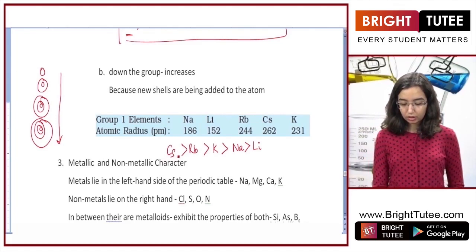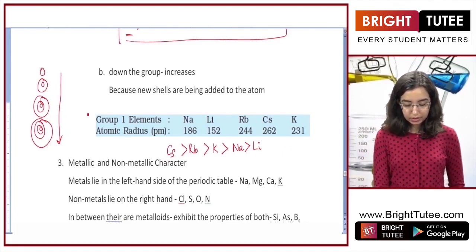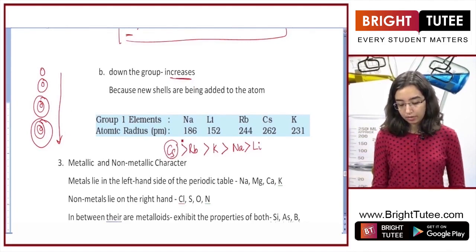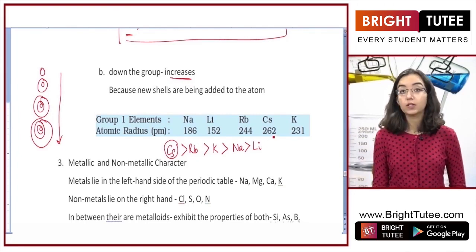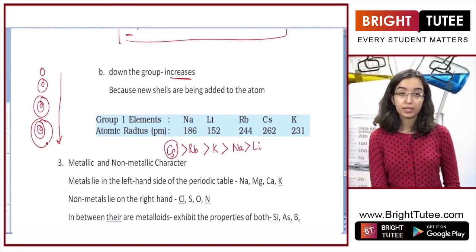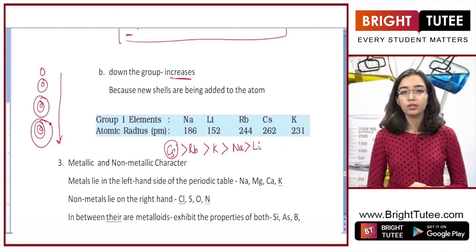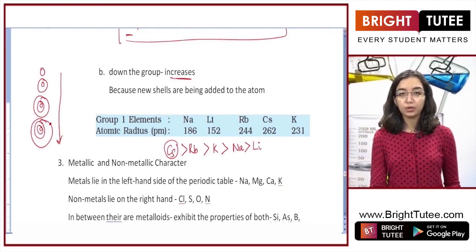So you see that here the order is reversed. Down the group, the atomic size increases. The further down an element is in the group, the bigger its size. Whereas lithium, which is on the top, is the smallest. That is because new shells are being added, and because of it, the radius increases. So that is for atomic size.